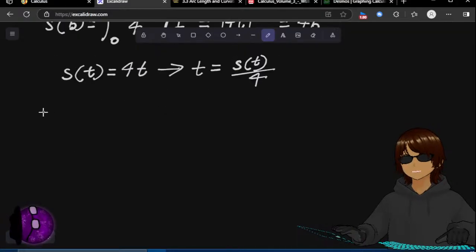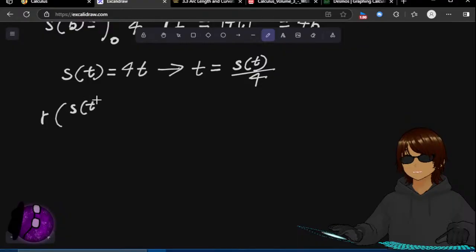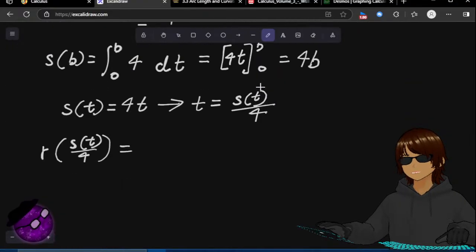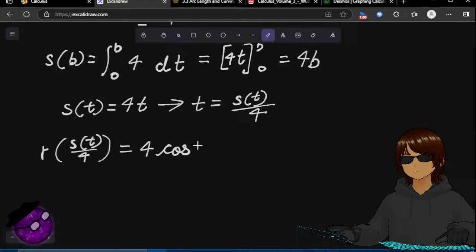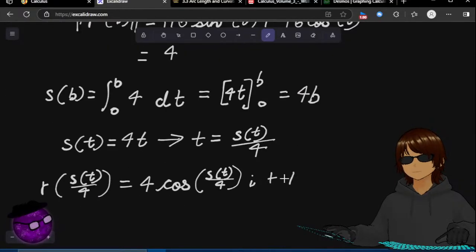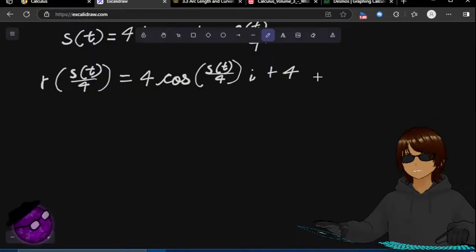Yeah, so instead of r(t), we can do r like this. Cos of s over 4 i, plus, is it plus or minus? Plus 4 sine.